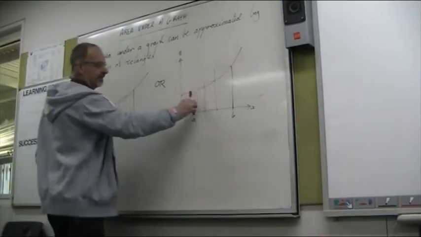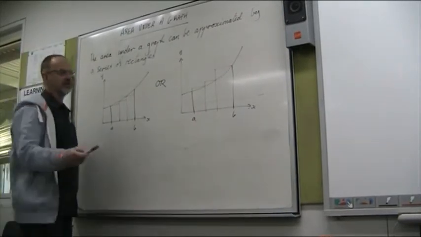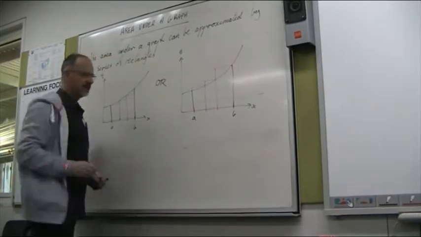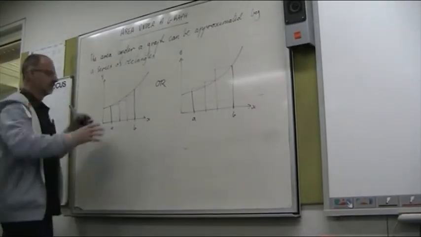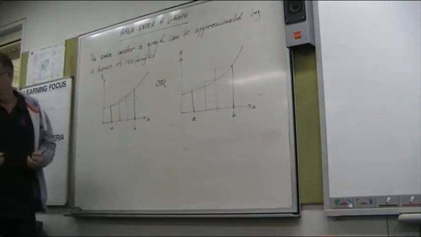Again, the area of those rectangles approximates the area underneath the curve, and quite clearly that's a bit too much because we've got these bits up here. So the actual area is going to be somewhere in between these two things.